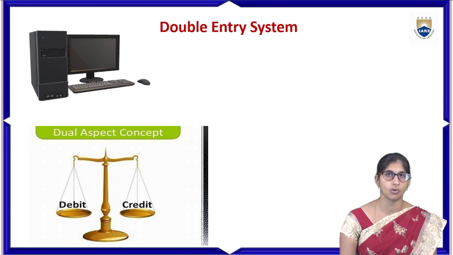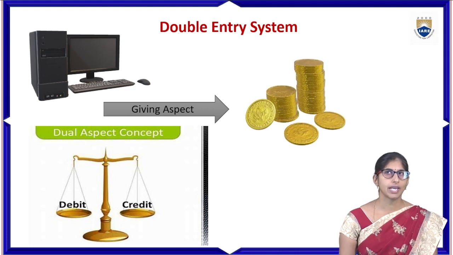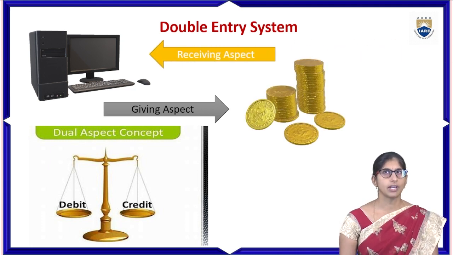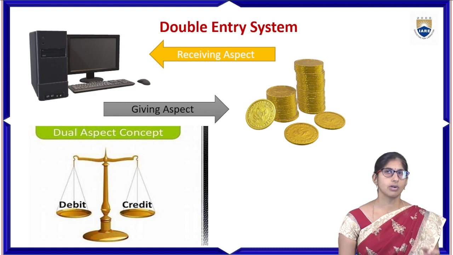All our accountancy is based on the double entry system only. Coming to the dual aspect concept, for example, we have a computer, and we have money. So we have two things here.